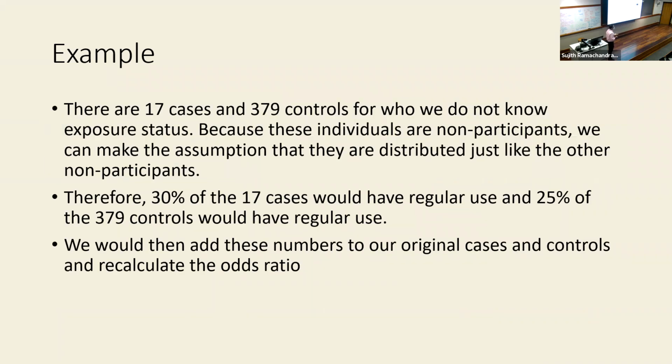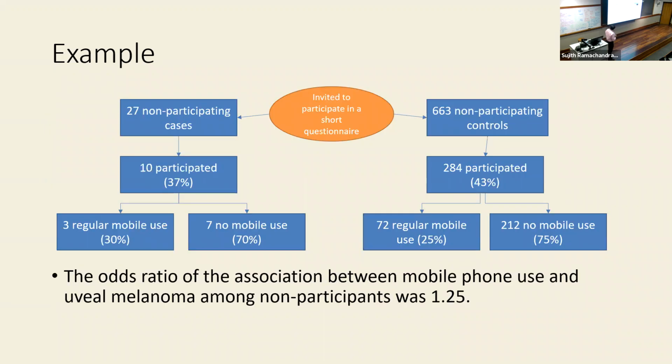But maybe we can make some assumptions. Maybe we can assume that in those people, the distribution of mobile phone use was similar to these 10 people that participated. So I know 17 people did not respond here, but maybe their distribution of mobile phone use was similar to these 10 people.